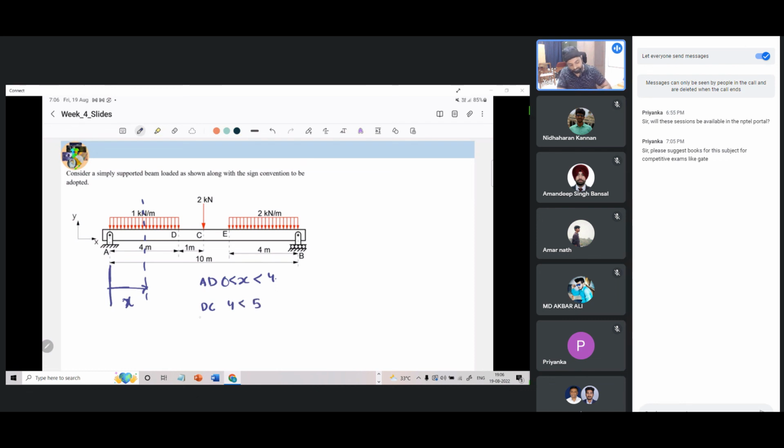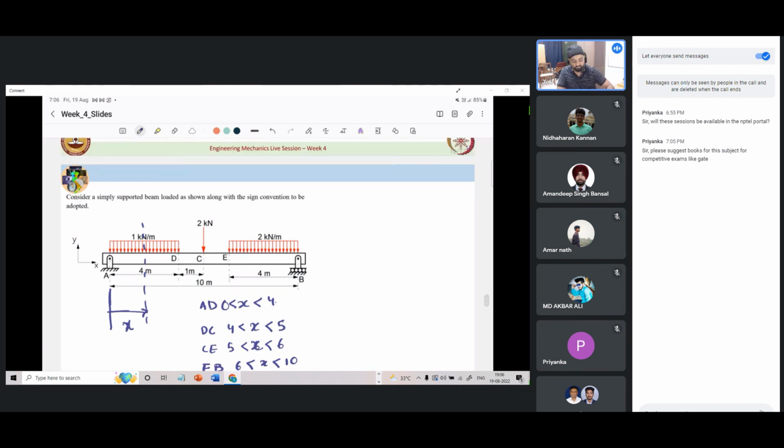Like that we'll go. CE, x will vary from 5 to 6. And then for EB, x will vary from 6 to 10. Like this, you will get 4 or 5 equations.